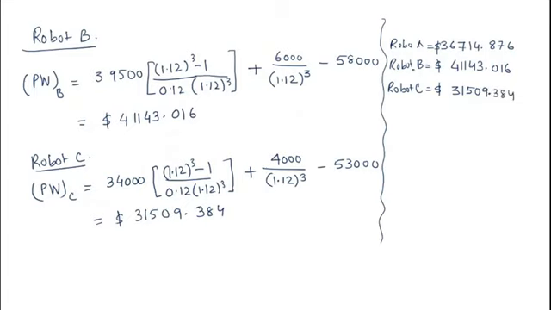Since these are the net earnings, the objective is to maximize the earnings. If we have a look, we can easily see which robo is giving the maximum earnings in its economic life. So this will be the preferred option.